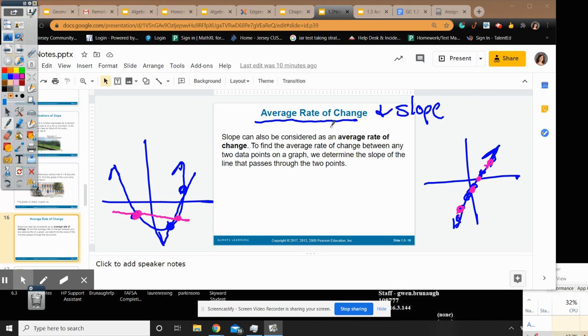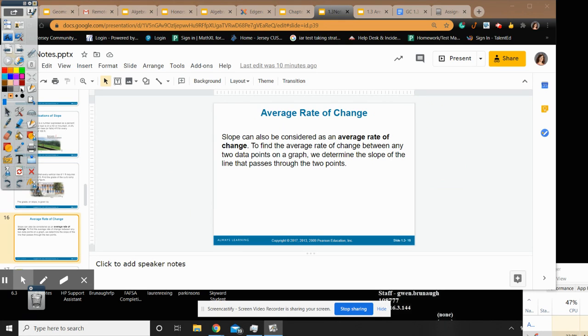We call it rate of change if we're talking about any other figure other than a line. Regardless if it's a rate of change or a slope, you're going to use the slope formula or the rate of change formula, rise over run, y2 minus y1 over x2 minus x1.